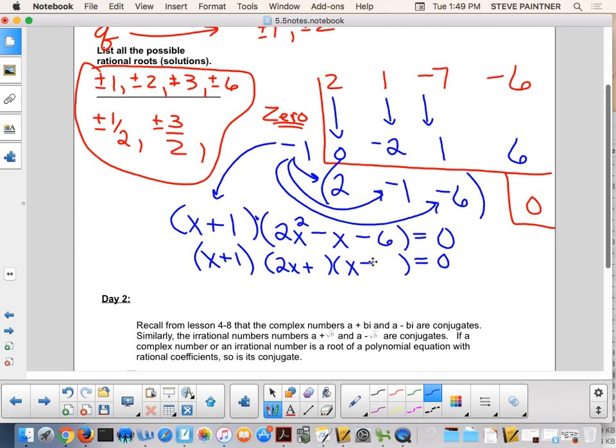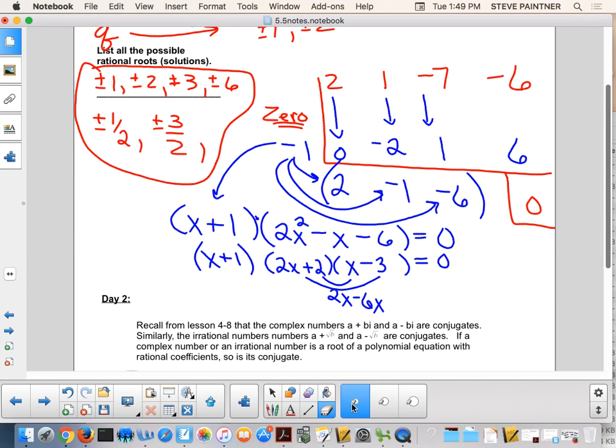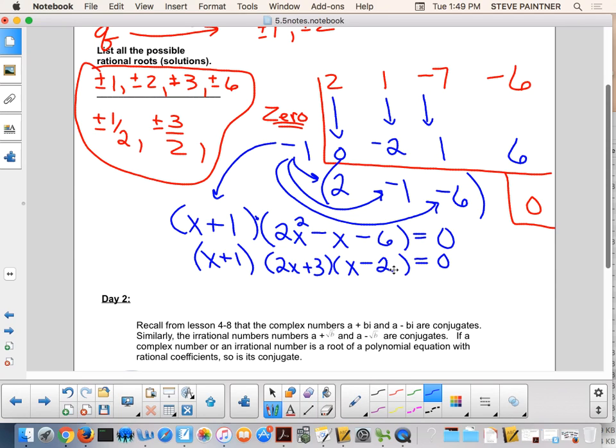Put a 2 here, 3 here. Inner, 2x. Outer, negative 6x. Together that makes negative 4x. I don't want that. So we have to switch it. Maybe put the 2 over here, 3 over here. That'd be 3x followed by negative 4x. Isn't that negative 1x? Yeah. Got it.